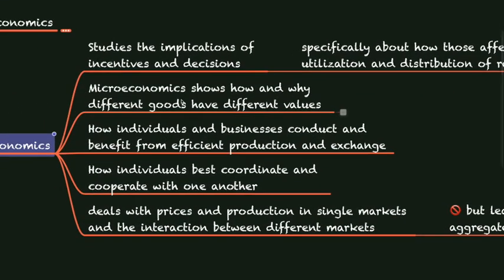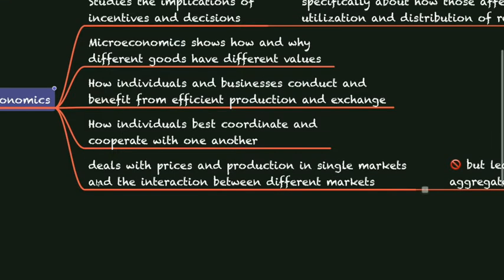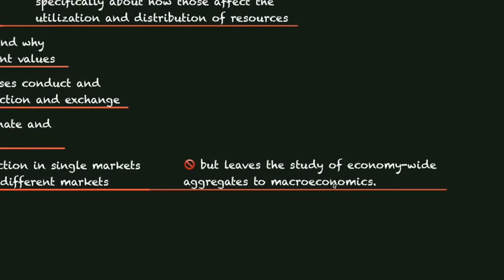Microeconomics shows how and why different goods have different values, how individuals and businesses conduct and benefit from efficient production and exchange, how individuals best coordinate and cooperate with one another, and it deals with prices and production in single markets and the interaction between different markets.